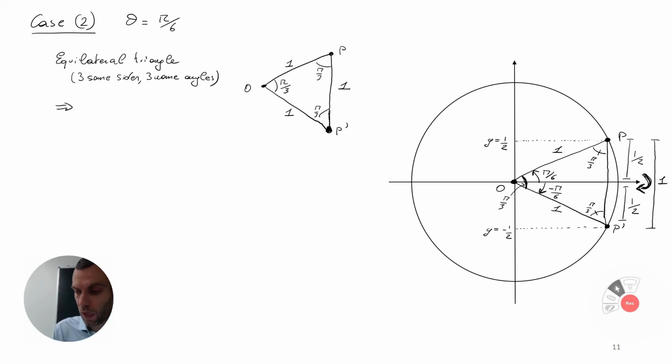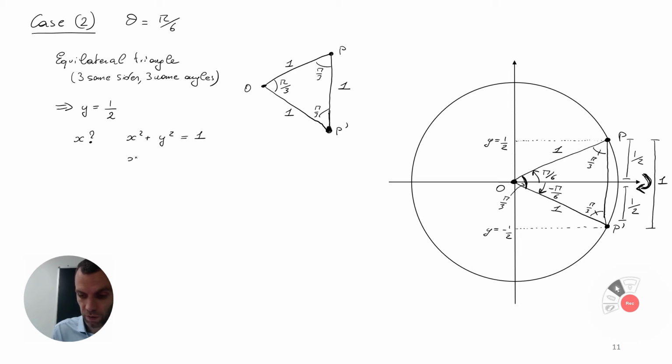So the fact that we have that equilateral triangle tells us that y is equal to 1 over 2. And so now we have to determine what the x coordinate is. And for that we use the fact that x squared plus y squared is equal to 1.